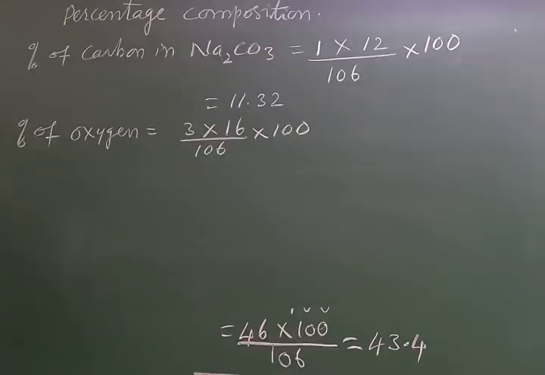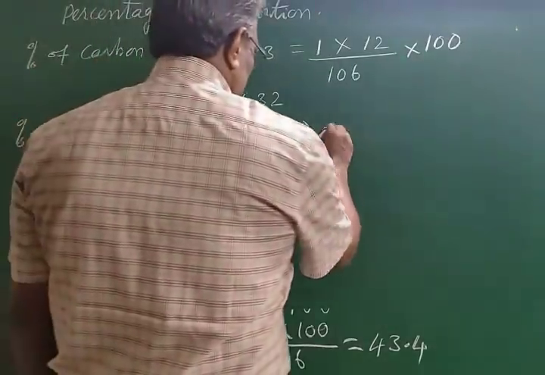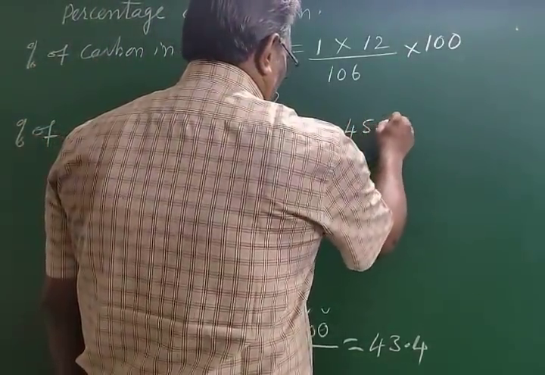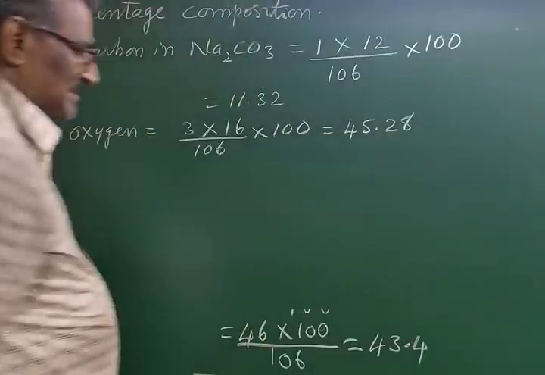That is equal to 3 16s are 48, 4800 by 106, that is 45.28.